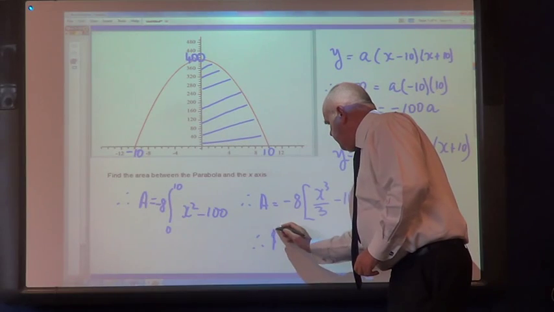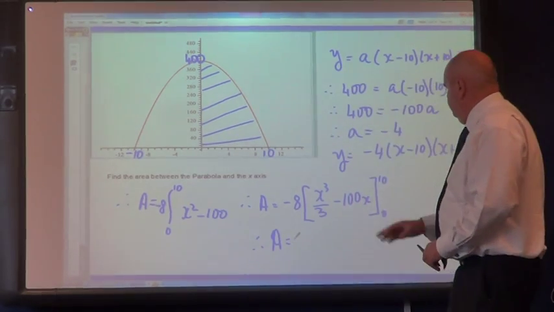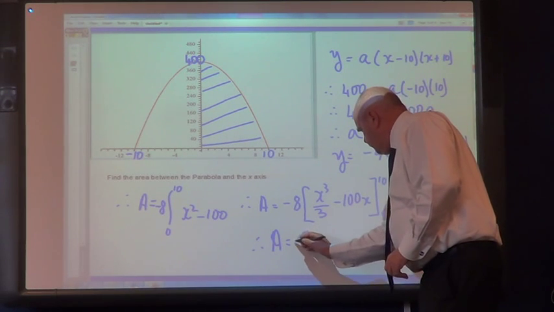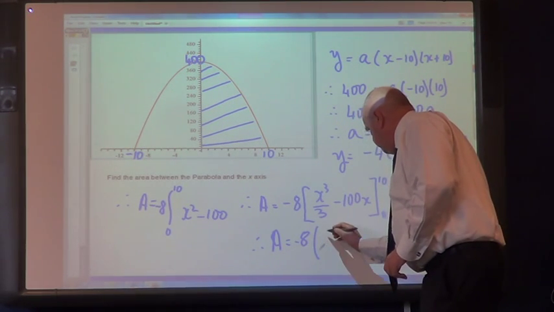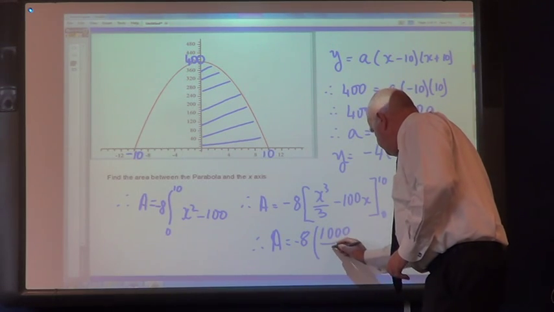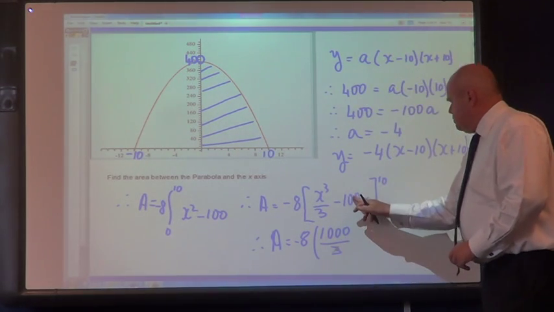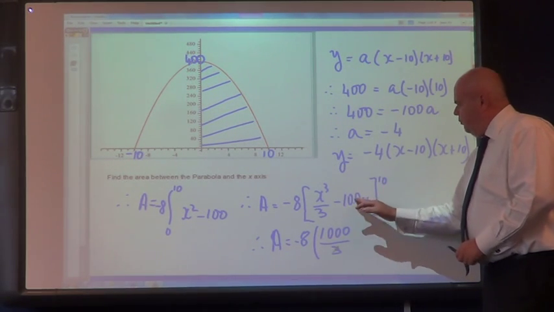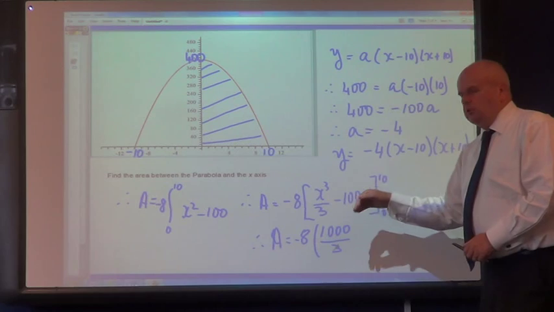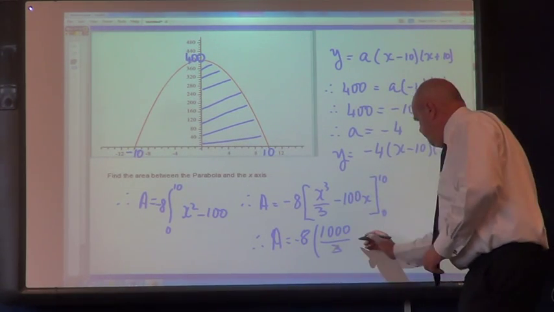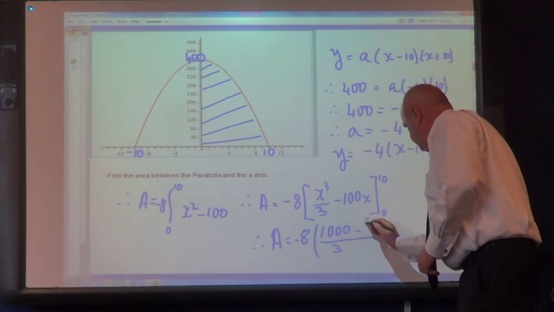Therefore, area is going to equal 10 cubed is 1,000. Well, let's not forget the 8. So it's 1,000 on 3 minus 1,000. Now, see that 100 times 10 is 1,000. I want to express it, however, in terms of thirds. So I times 1,000 by 3 and put it over 3. So we've got this sort of thing going on.